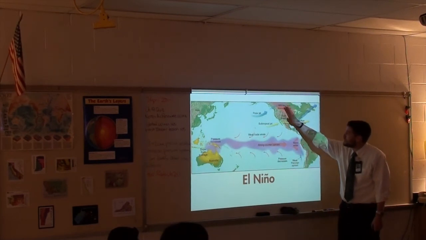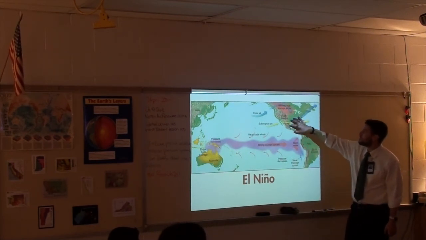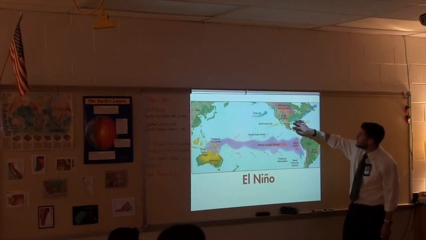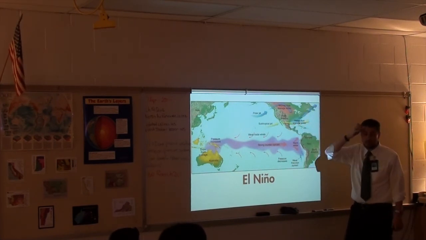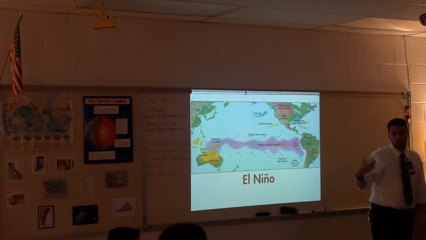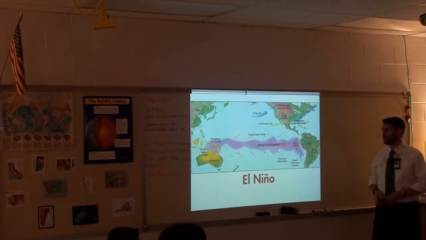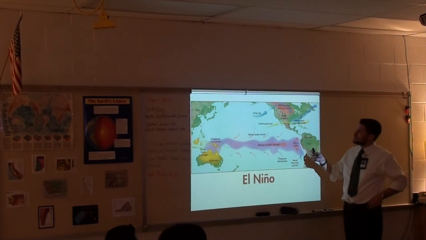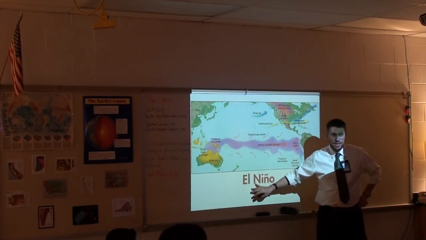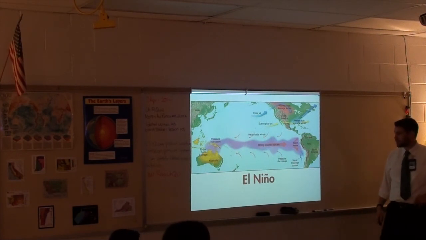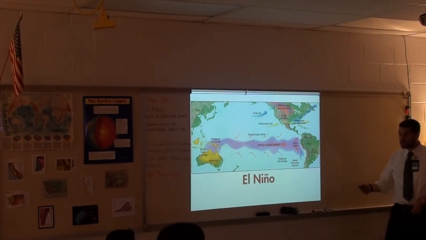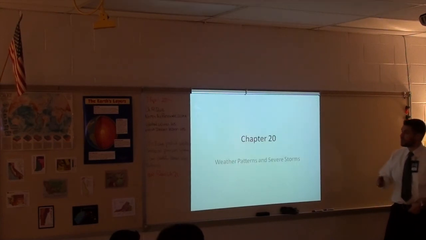The jet stream dipped down, picked up this wet water, and socked it into us all winter long. And we had a really wet, really cold winter. So this is El Nino, or the boy. I don't know. I didn't name it. I didn't make the decision. That's all I have for you today.